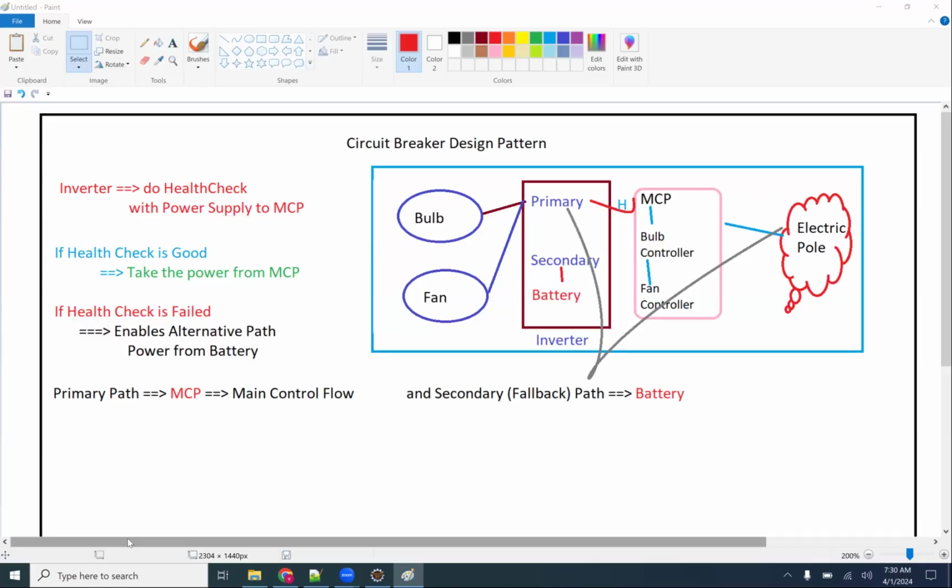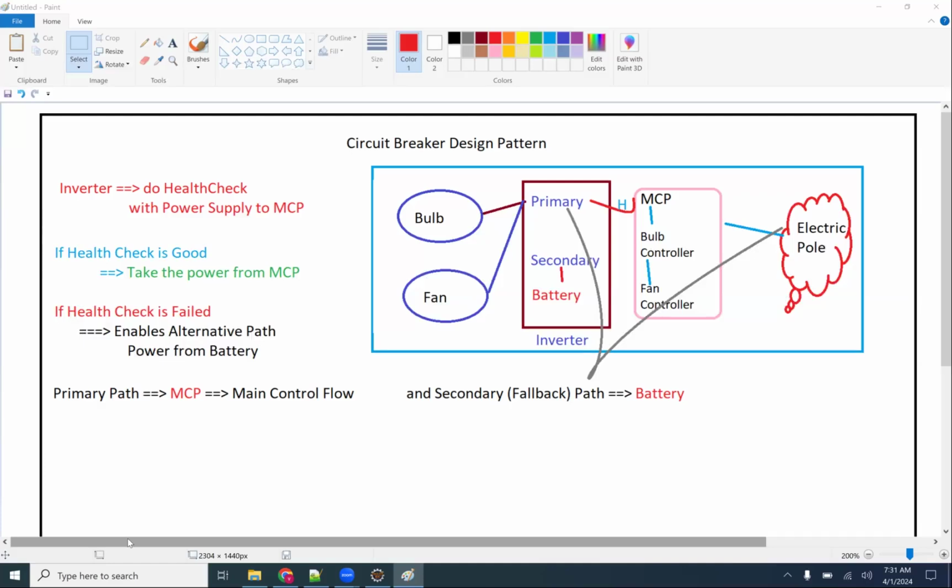Is this particular pattern or design giving a 100% solution? There are some limitations, but when I compare the advantages versus the limitations, I feel there is more advantage and less disadvantage.